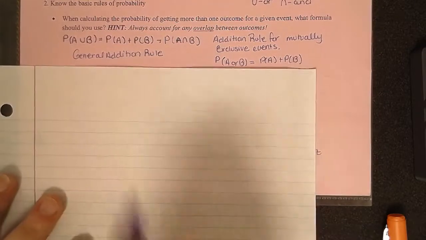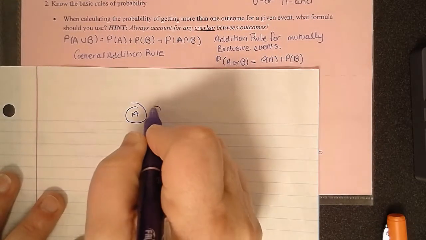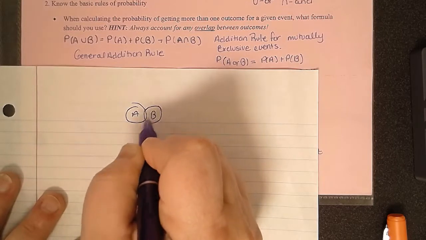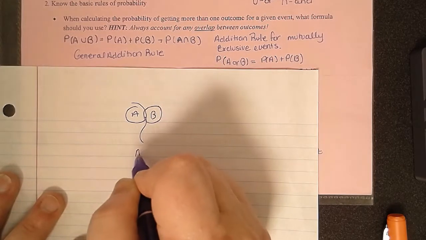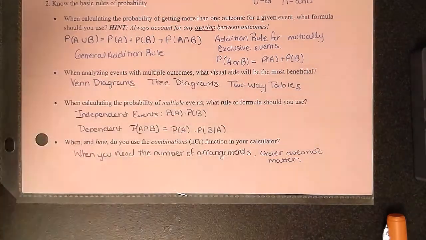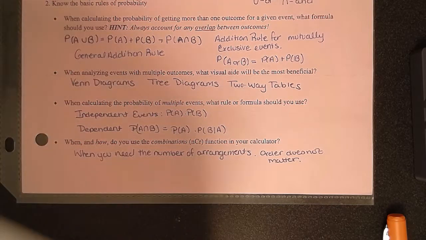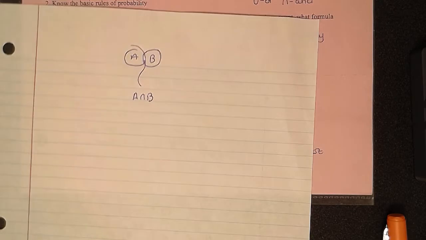This is probability of A, and this is probability of B, and in here is A and B. That's what you're going to want to take out when they're not mutually exclusive. And if they're drawn like this, big hint, they're not mutually exclusive.